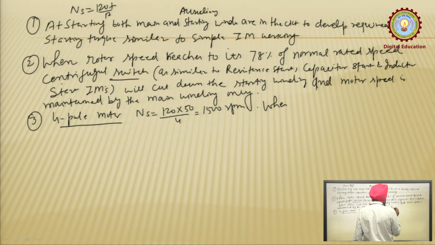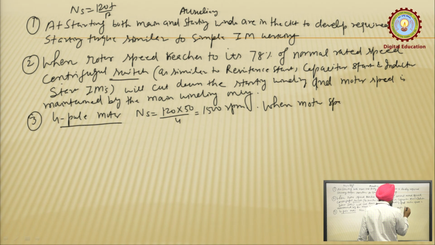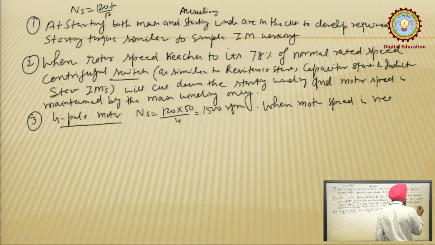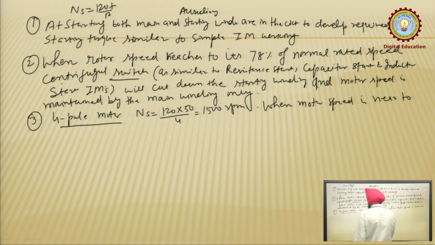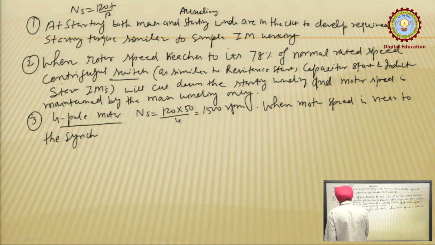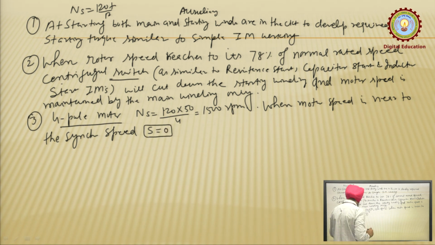Okay. Now, what will happen when the motor speed is near the synchronous speed, or we can say slip becomes 0? If it attains synchronous speed, slip becomes 0.